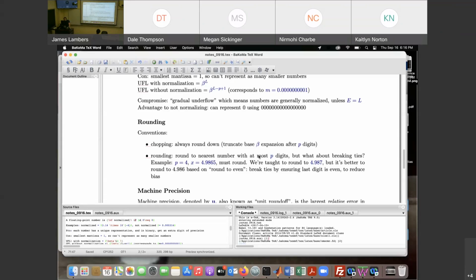But a convention that is normally used, for instance, in the IEEE system, is round to even. So if you can round in two different directions and incur the same amount of error, you break the tie by ensuring that the last digit is even. And the goal here is to reduce bias in rounding. So sometimes it's rounded up, sometimes it's rounded down.